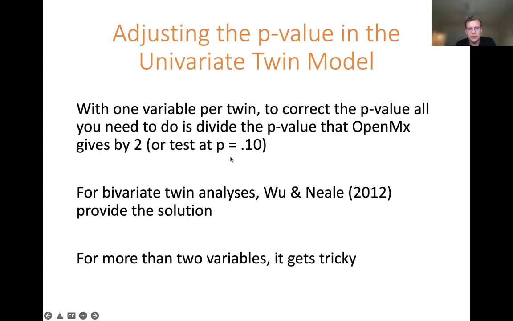So if your p-value is 0.1, you actually have a p of 0.05. For more than 2 variables, like I suggested, it gets really tricky because you're mixing multiple different chi-square distributions. But the direct symmetric matrix approach works in those cases too. So you can avoid any kind of complex math.